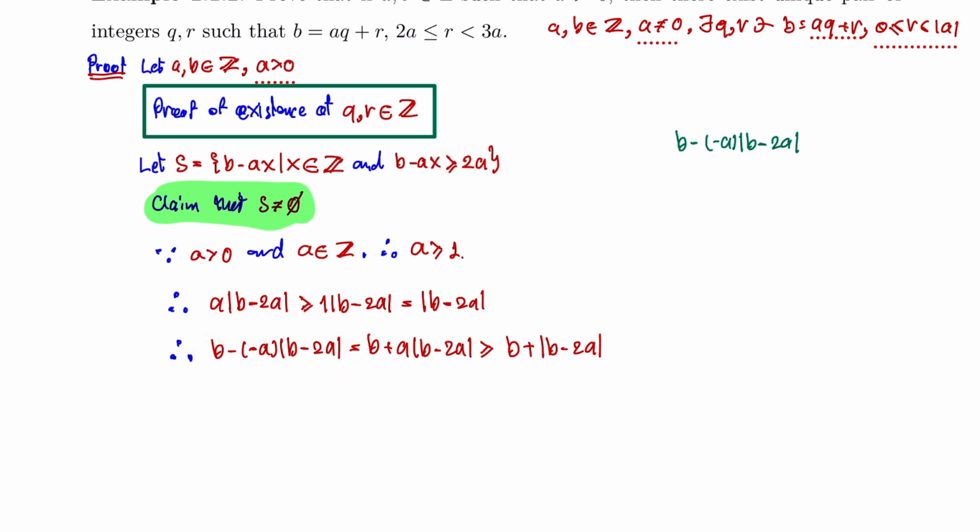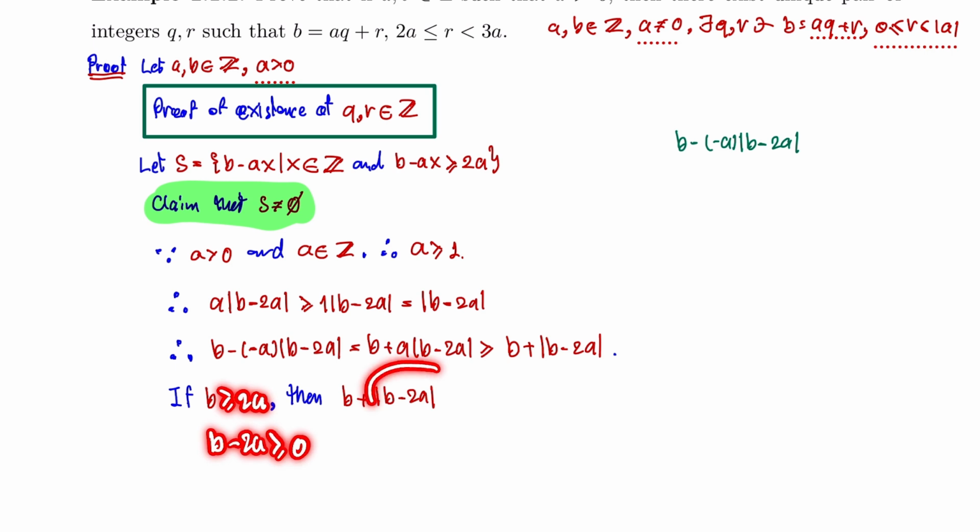There will be 2 cases for b. I want to start with b greater than or equal to 2a. Then what do we have? We have b plus the absolute value of b minus 2a. Since b is greater than or equal to 2a, we have b minus 2a greater than or equal to 0, so this term is just the one inside the absolute value.